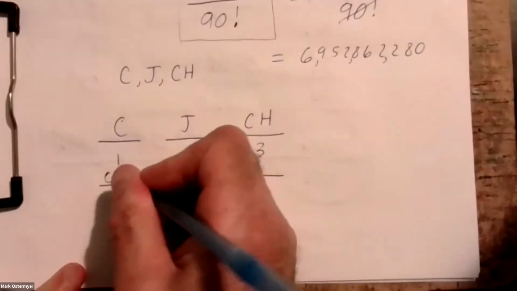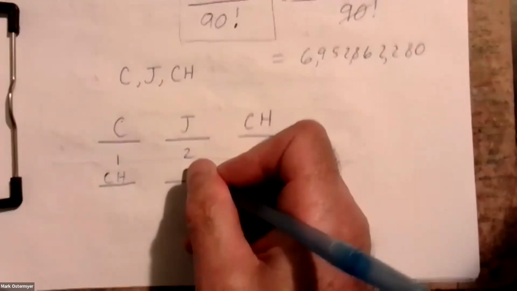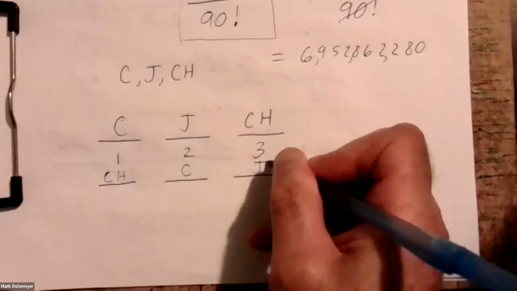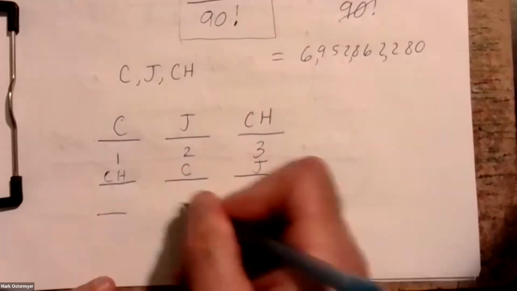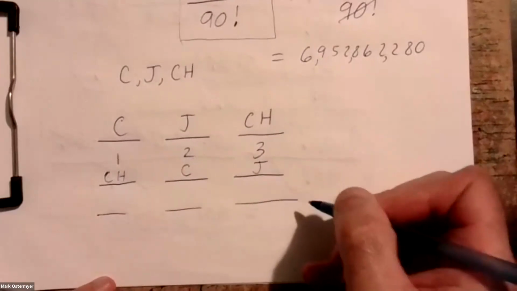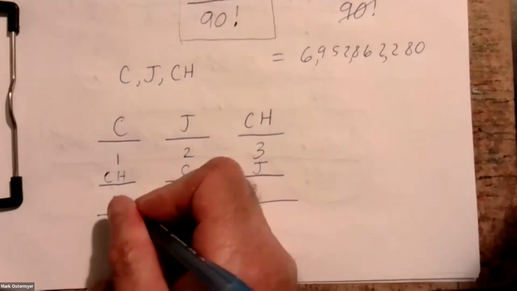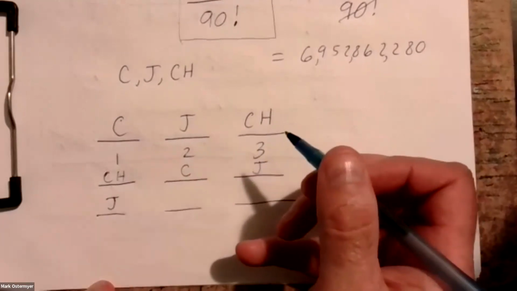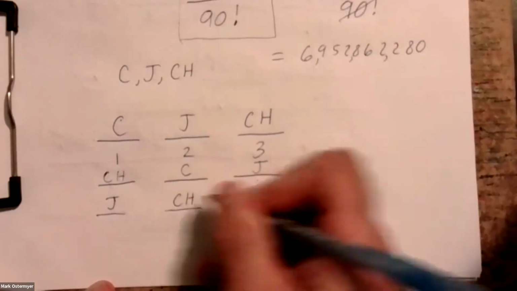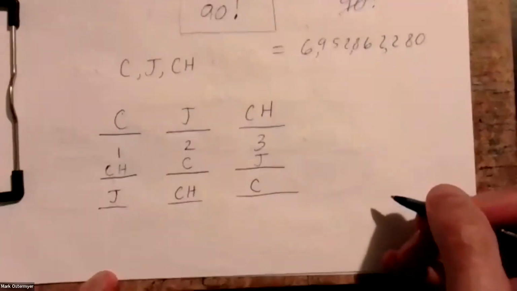I could have Christina in chair 1, Carmen in chair 2, and Juan in chair 3. Or I could have what? Juan in chair 1, Christina in chair 2, Carmen in chair 3.